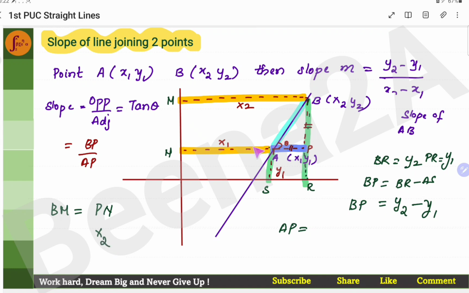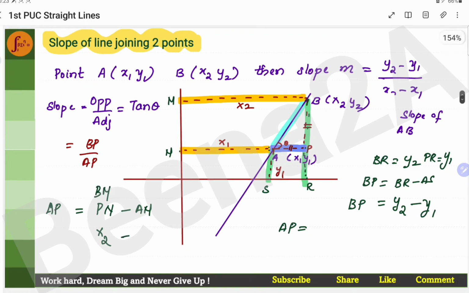Now, what is this distance? x1, that is from A to N, right? If I take this entire line P to N and subtract A to N, I'll get this portion. I'll get AP. A to N is x coordinate, x1.